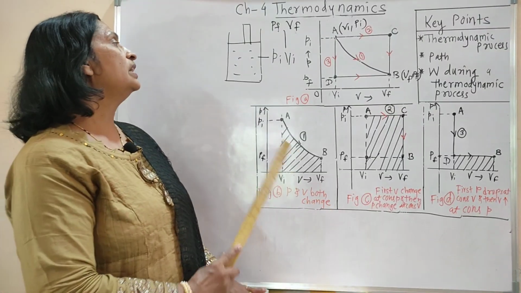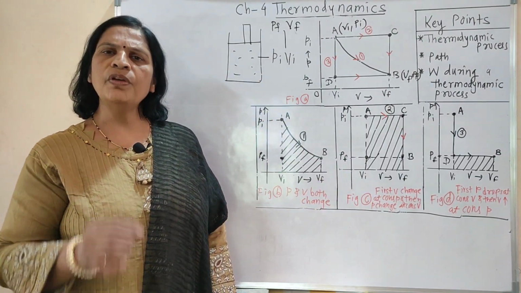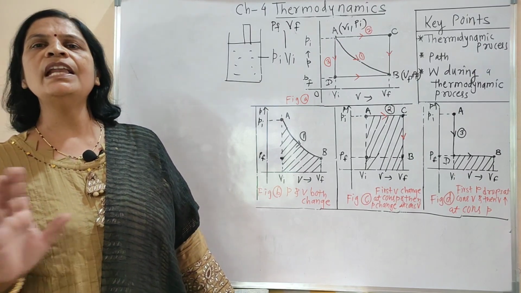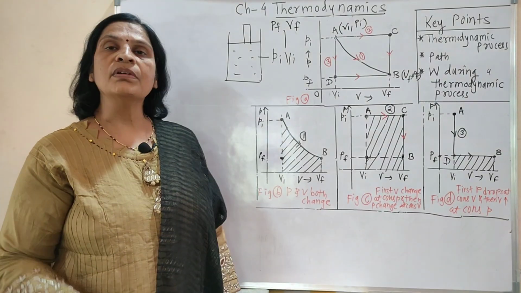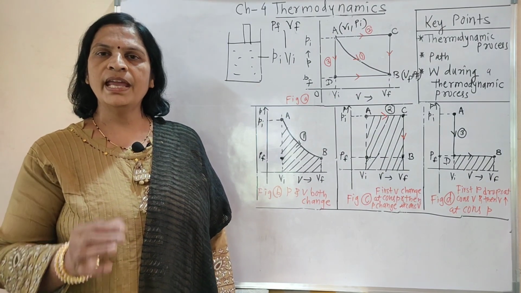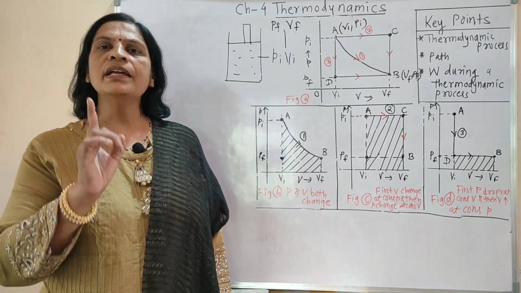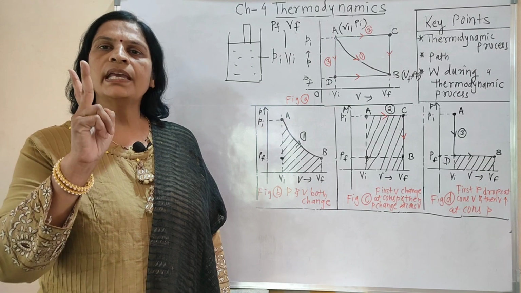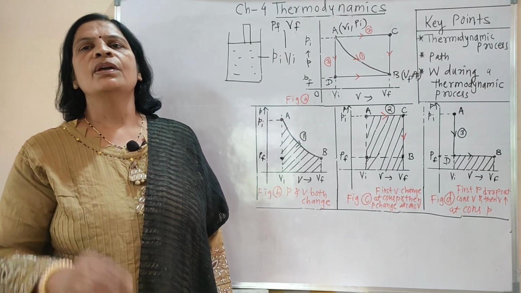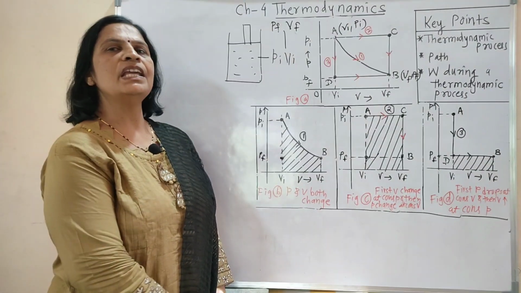And during that change, the changes in the system occur very slowly so that thermodynamic equilibrium of that system should be maintained. What is thermodynamic equilibrium? When the system simultaneously satisfies mechanical equilibrium, chemical equilibrium and thermal equilibrium, at that time we can say that our system is in thermodynamic equilibrium.